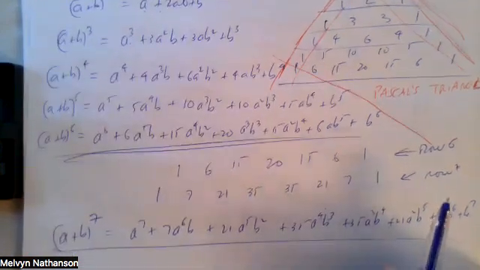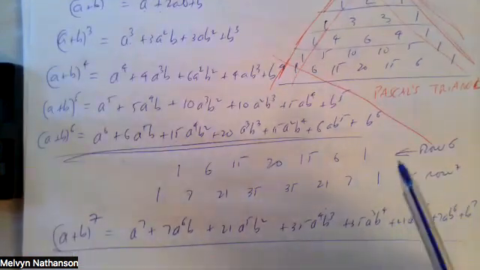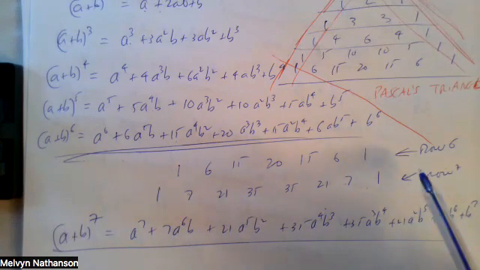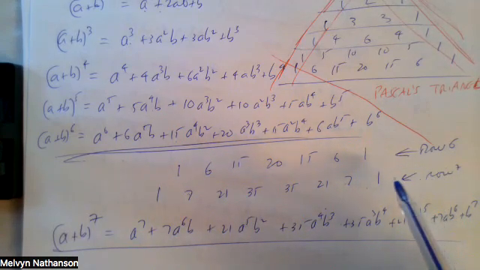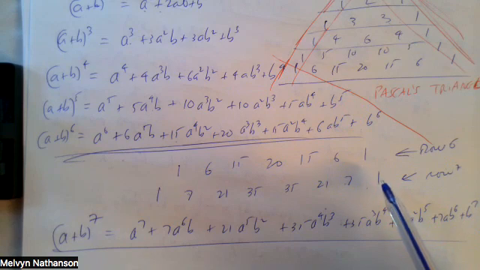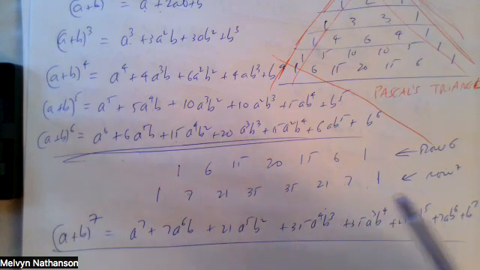So you can go back and forth from the row of Pascal's triangle to the coefficients when you expand a plus b to the 7th.